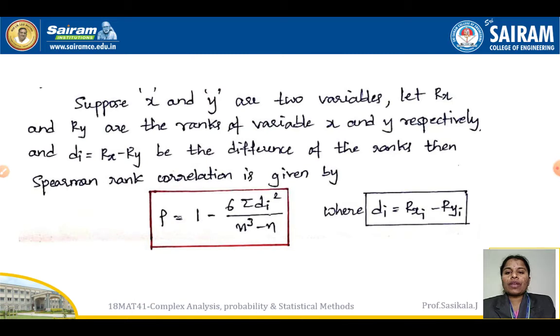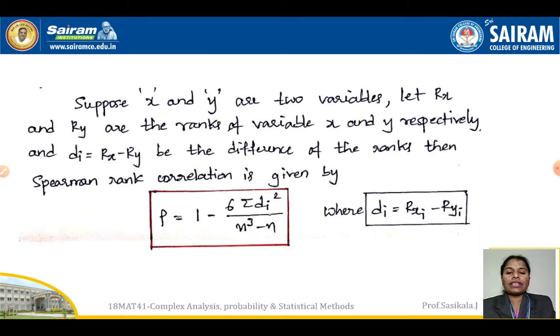Suppose x and y are two variables. Let Rx be the rank of x and Ry the rank of y, and di is the difference of the two ranks, that is Rx minus Ry. Then the Spearman rank correlation is given by rho equals 1 minus 6 summation di squared by n cubed minus n.